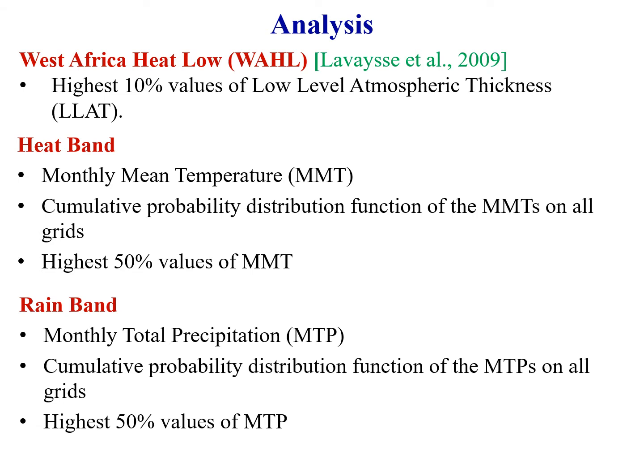And for the heat band, we calculated the monthly mean temperature and then the cumulative probability distribution function of the MMTs on all grids, and then found the heat band as the highest 50% values of MMT. A similar way was used for the determination of the rain band as the highest 50% values of the monthly total precipitation.